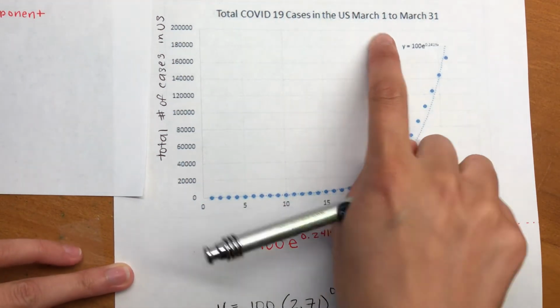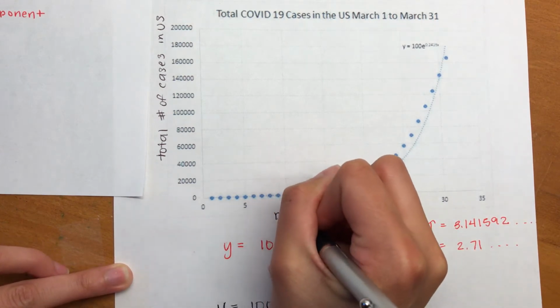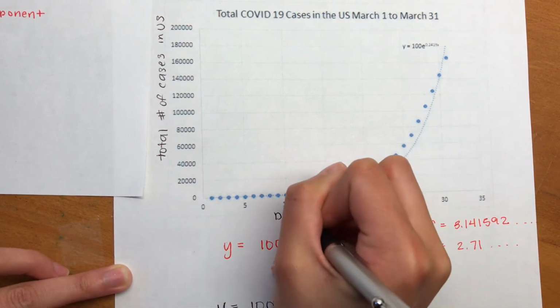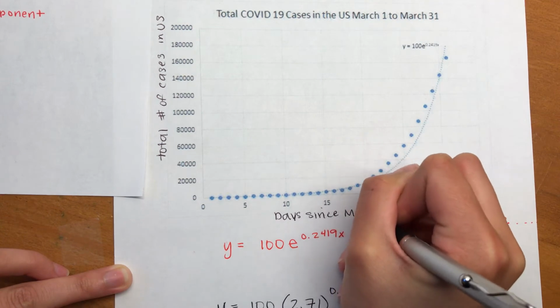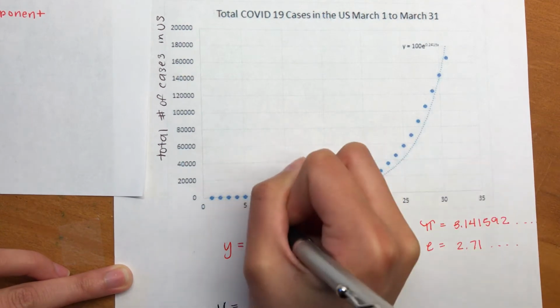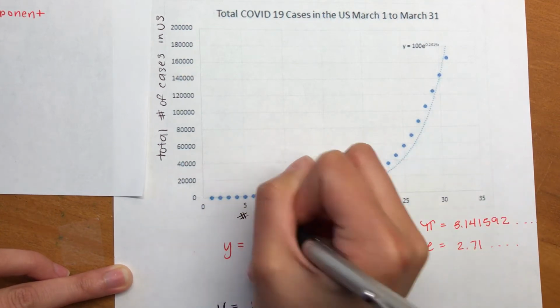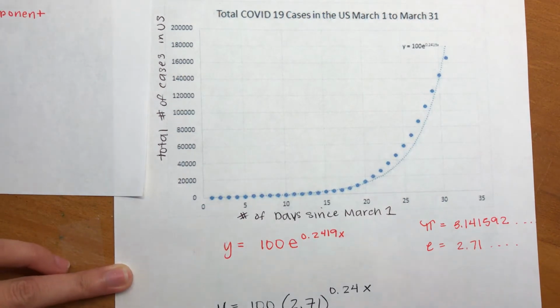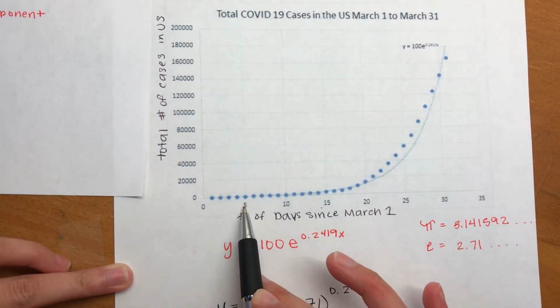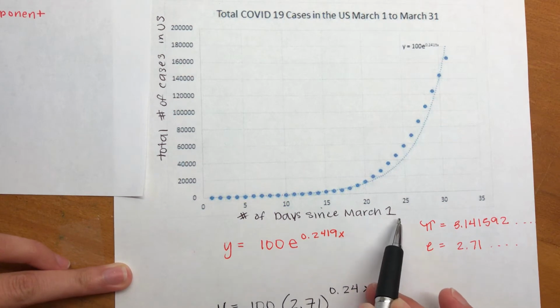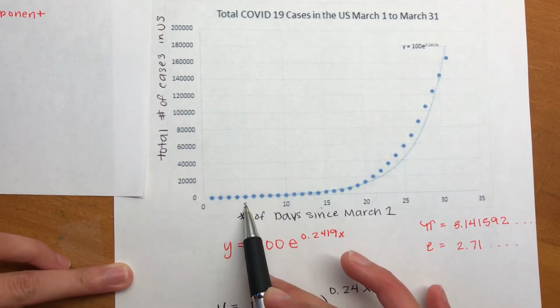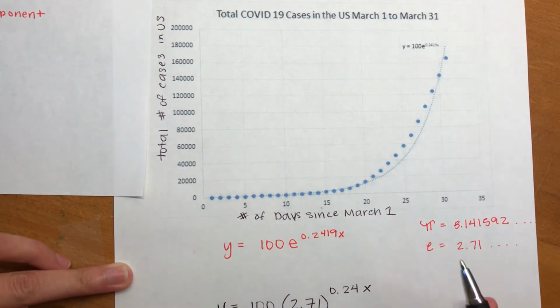And we're starting at March 1st. So I'm going to say days since March 1, or the number of days since March 1. So if we're at 5, for example, 5 days since March 1 would be 1 plus 5, so that would be March 6th. And that would keep going, right?